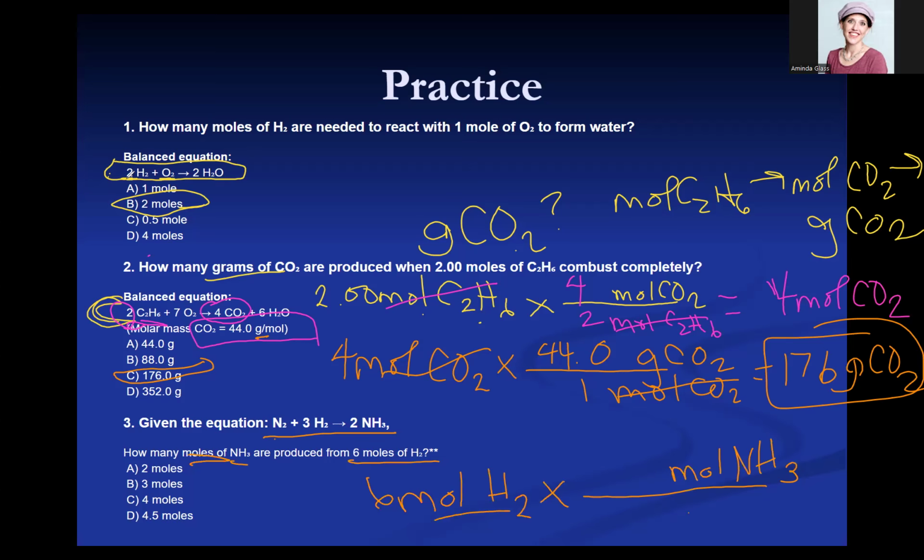I need to get rid of my moles of H2. Looking at the balanced equation, if I have 3 moles of H2, I can make 2 moles of ammonia. Moles of H2 cancel. 6 times 2 divided by 3 gives me 4 moles of NH3.